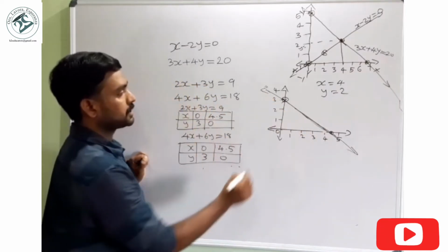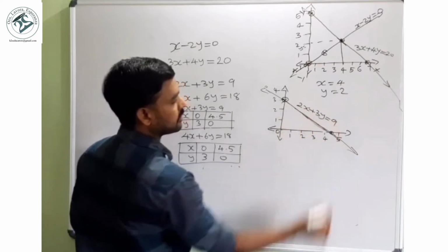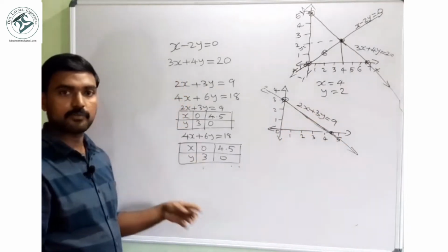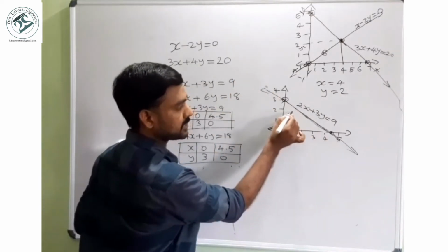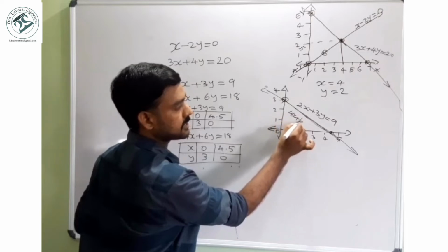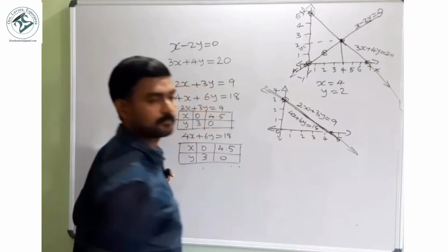This is the first equation, 2x plus 3y is equal to 9. The same points are here for the second equation, so when we plot on the graph, the same result will be there. So the second equation, 4x plus 6y is equal to 18, is also the same line. The same line will be the solution.